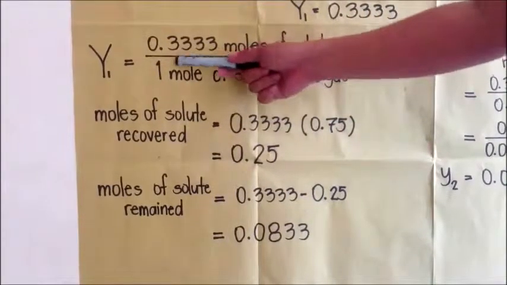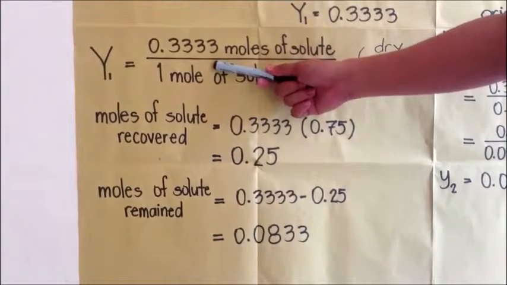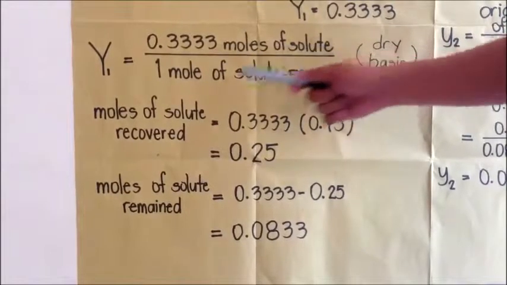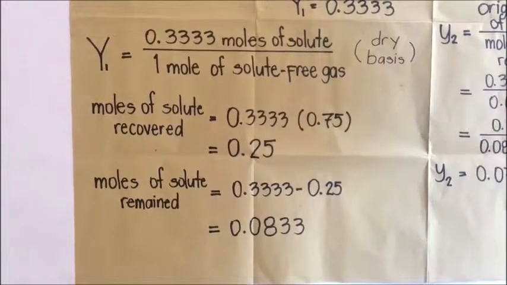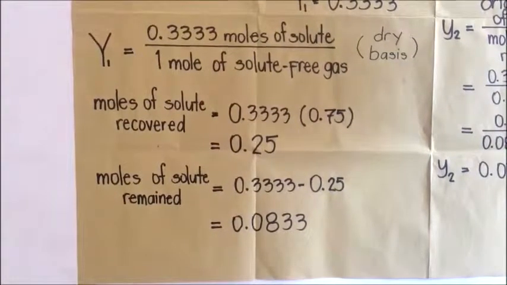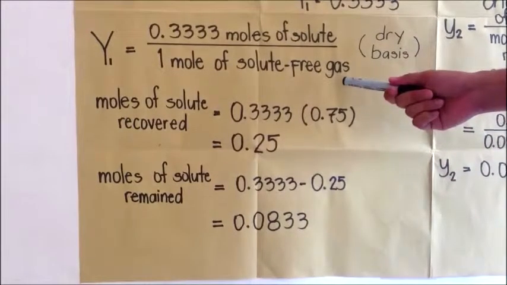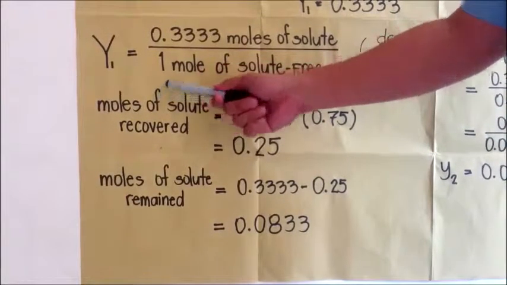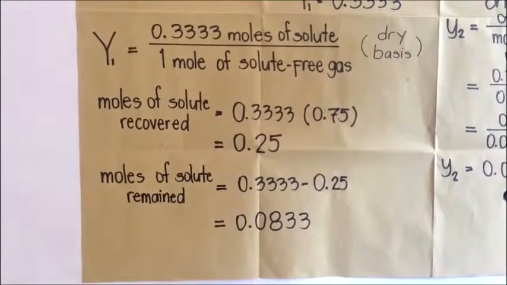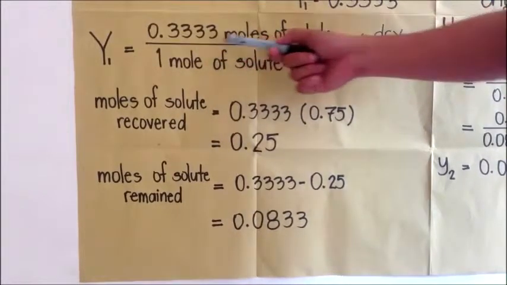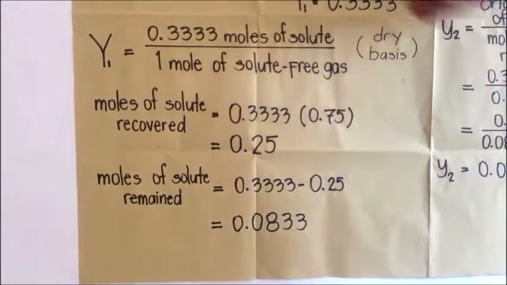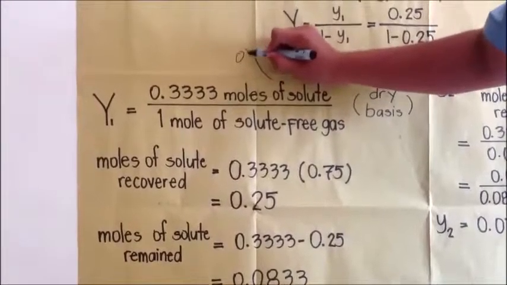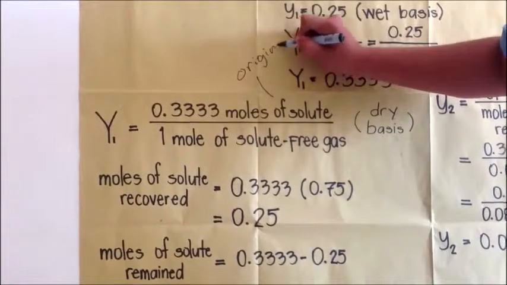Now, let us take a look at our dry basis concentration. We have 0.3333 moles of solute per 1 mole of solute-free gas because we are on a dry basis. Therefore, we can assume that our moles of solute-free gas is only 1, while 0.3333 moles is our value for the original moles of solute.